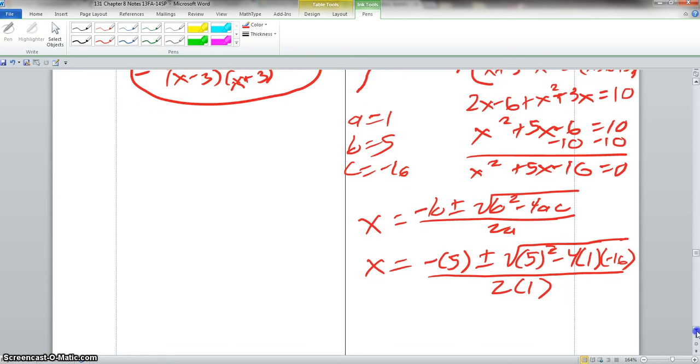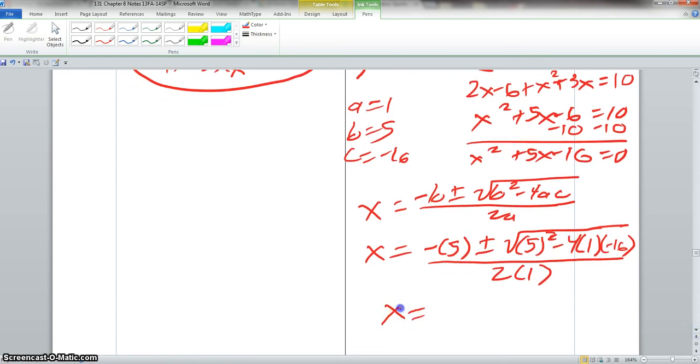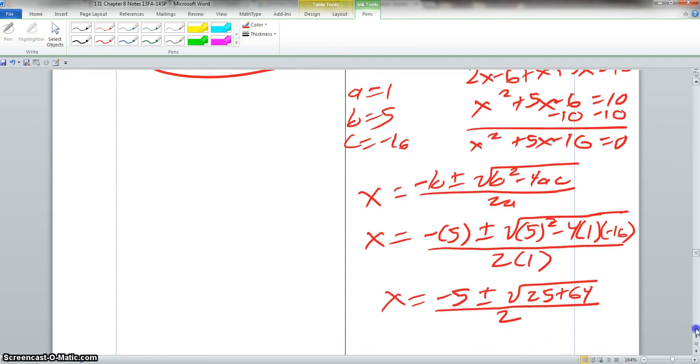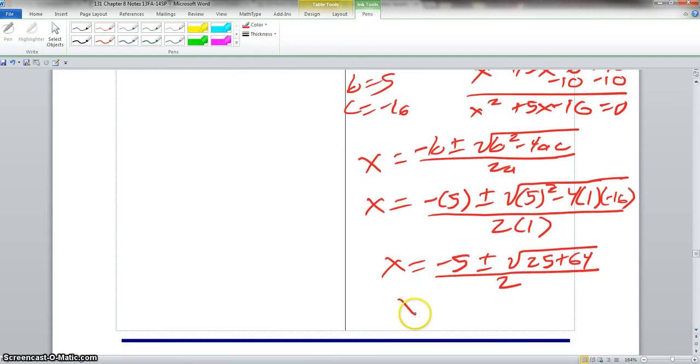Now, the opposite of 5 is negative 5 plus or minus the square root of, this is 25. Negative 4 times 1 is negative 4 times a negative 16 is a positive 64, all over 2 times 1, which is 2. Now, we will have x is equal to negative 5 plus or minus the square root of 89 all over 2.